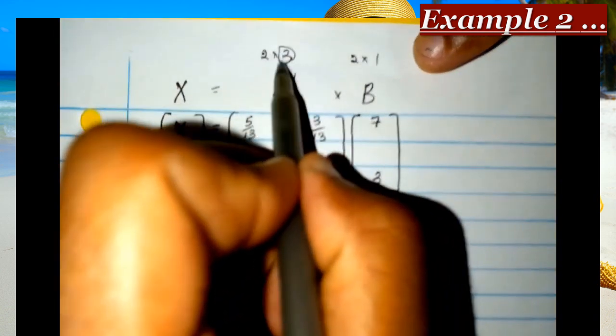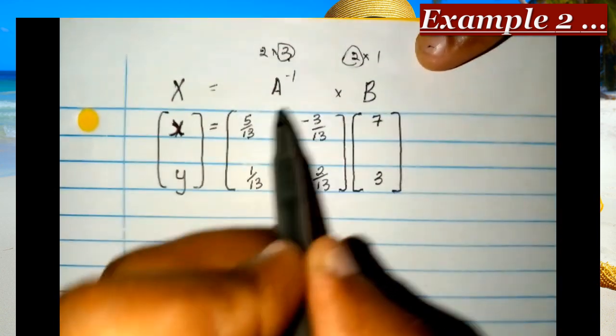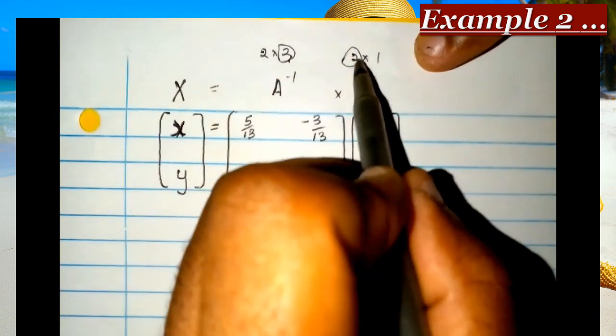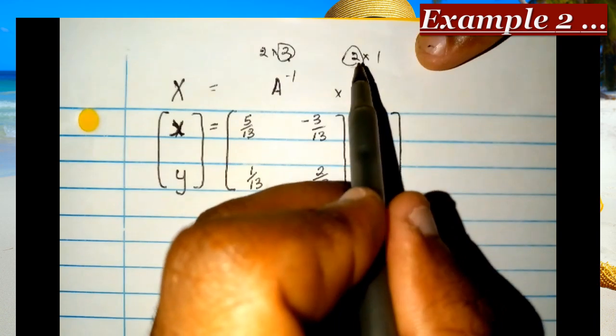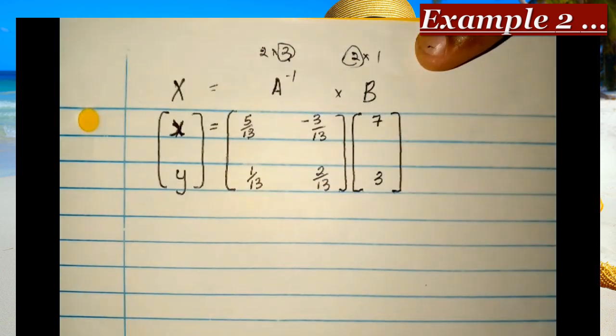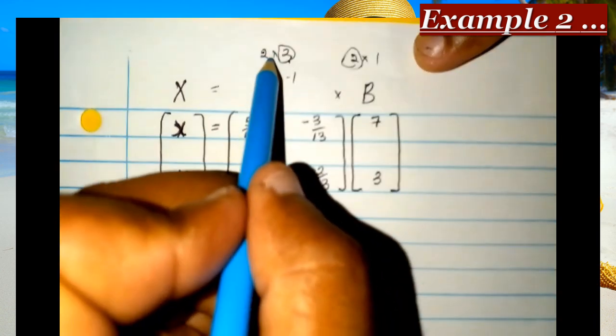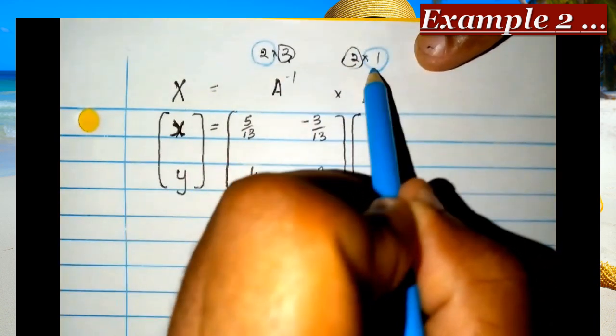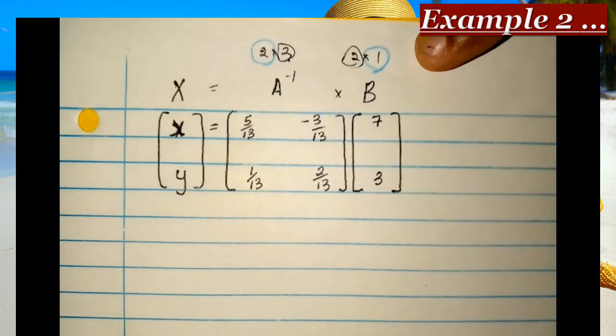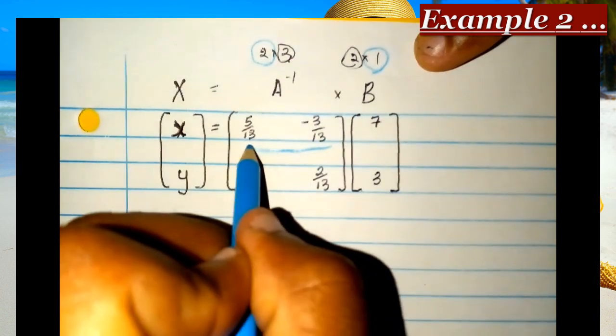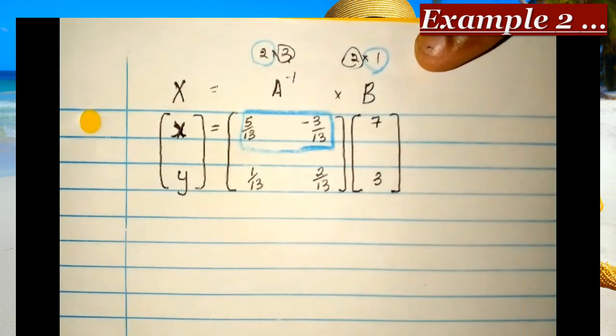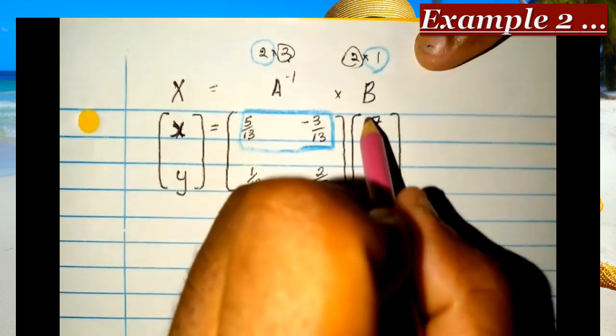They're conformable because the number of rows in matrix A inverse is the same amount of columns in matrix B. And my resulting matrix should be a 2 by 1 matrix. So let's go. When we're multiplying matrices, remember, we multiply row by column.